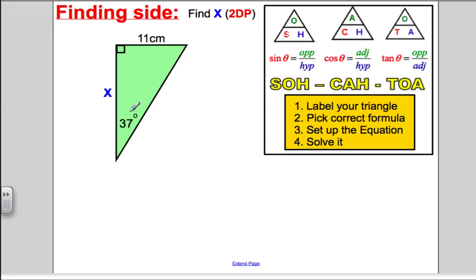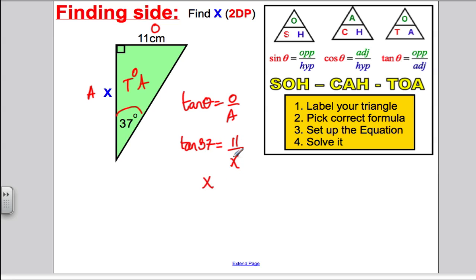Okay, another one. Here's your angle, this is your opposite, this is your adjacent. What has O and A? Well, TOA does, so write it down. It means tan of the angle is opposite over adjacent. So in this case, tan of 37 is 11 over x.